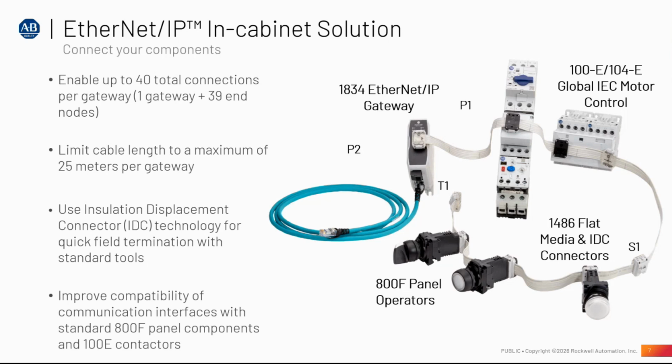All this improves the compatibility and communication interfaces with the standard 800F panel components that are going to be your 22 millimeter operators, as seen down here, and your 100E contactors, which you can see up here, which are low energy consumption contactors.